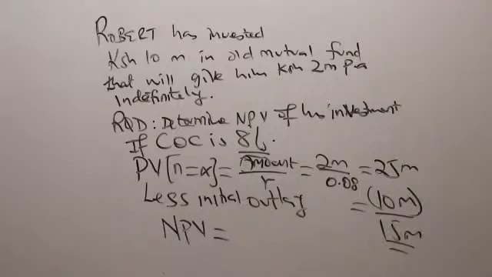So let's go through these questions slowly. We are told a company is considering whether to purchase equipment to increase its production and sales volumes. The equipment is going to cost 500 million and has a useful life of 3 years, after which it can be sold as scrap for 80,000.